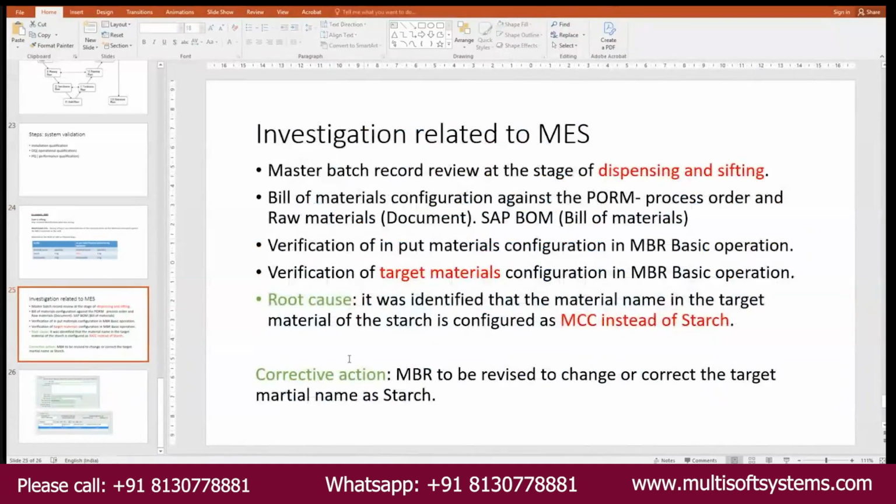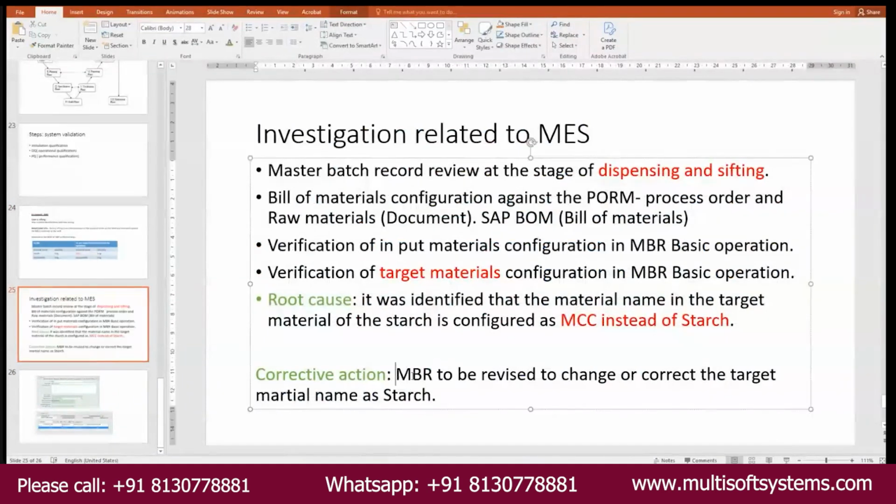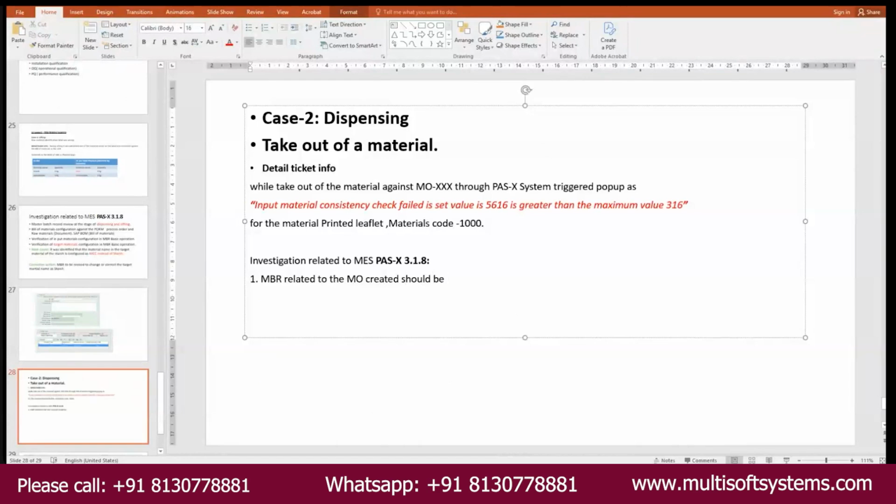So what is the corrective action I have given? The MBR should be revised. The MBR related to the MO created should be reviewed for the input materials of the particular dispensing activity.